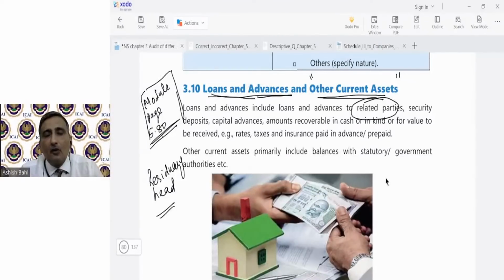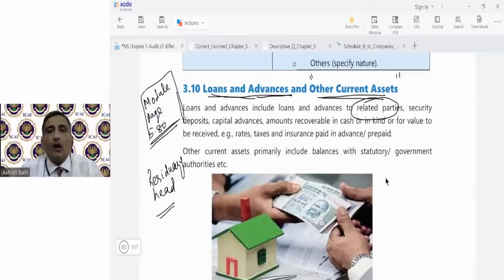So that would be reflected in other current assets, or GST refundable, that is reflected in other current assets, because it is expected to be used or realized within a period of 12 months.